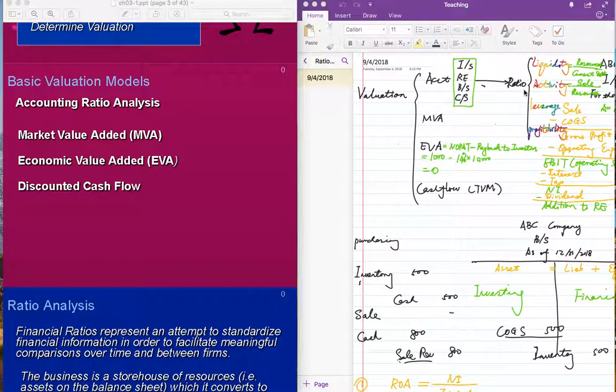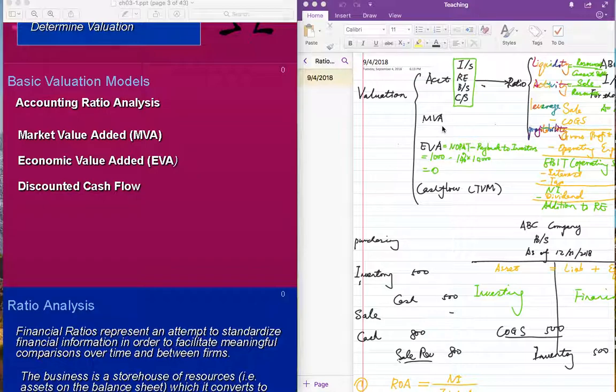Particularly, we're going to use accounting ratios, and that's the topic of today's lecture. How do we use ratios to evaluate firms' performance? That's using accounting data. Second approach, you can use market data. In particular, we're going to learn a formula for market value added.